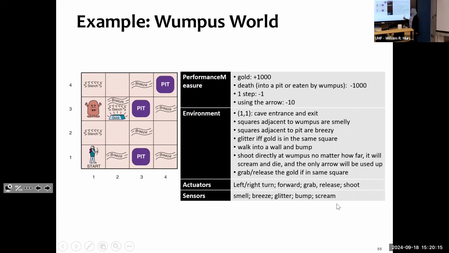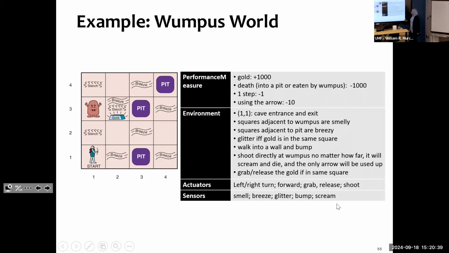Breeze and stench appear if and only if a pit or wumpus is adjacent. So it's clear that these rooms are not dangerous. Only where there are pits or the wumpus is it dangerous.